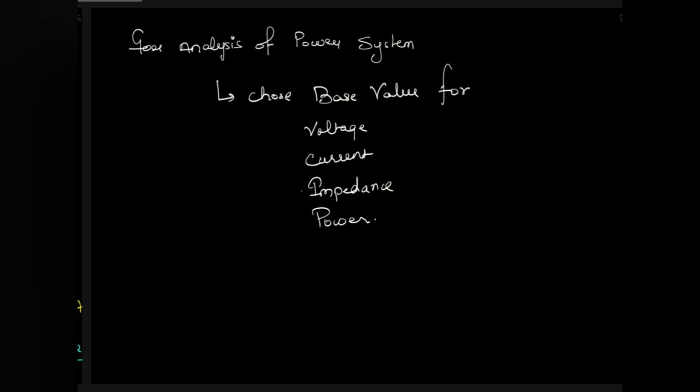So what we do, we refer those values to a common value that will be common to all the components. So we refer those values to a common value which is called base value, and this will make your system more convenient and easy to analyze.